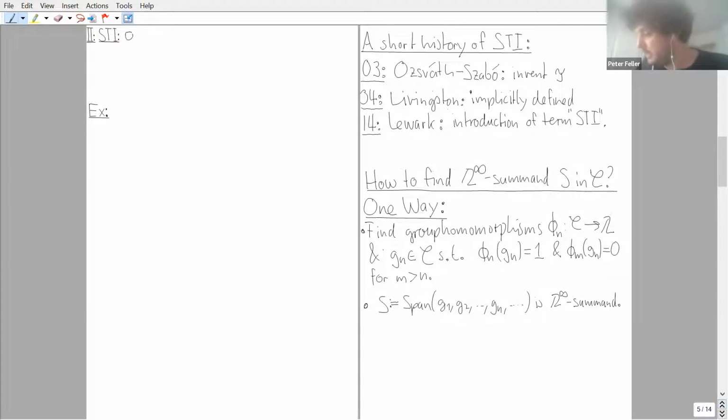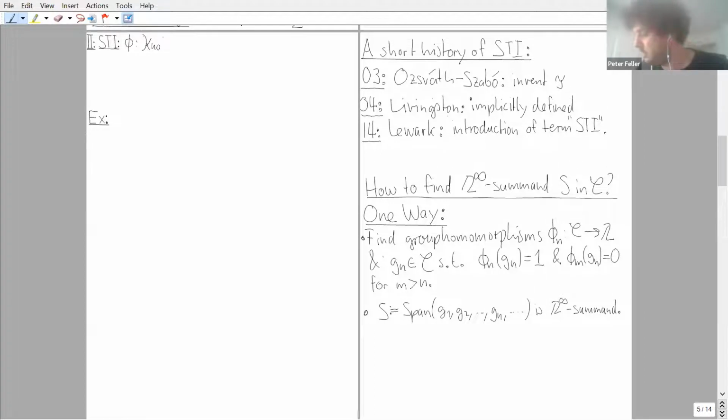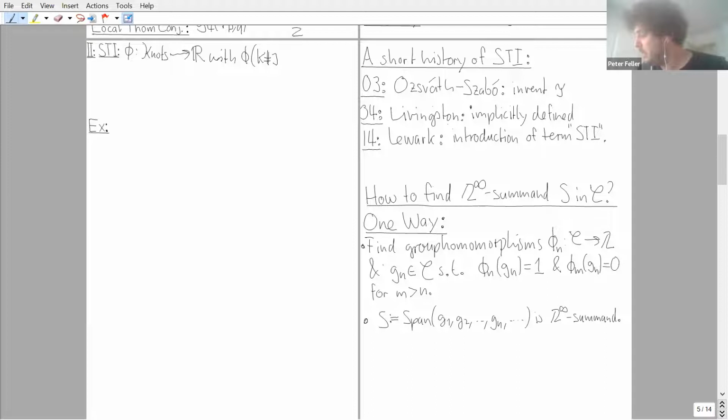So, as we discussed earlier, slice-torus invariants are real. My Zoom panel is in the way of my writing, if people are wondering what's going on over at me. Okay, it's a real valued knot invariant. I want it to be additive, so that means if I have a connected sum, I wish this to be the sum of the values, such that additionally, I have the 2 properties that I mentioned earlier.